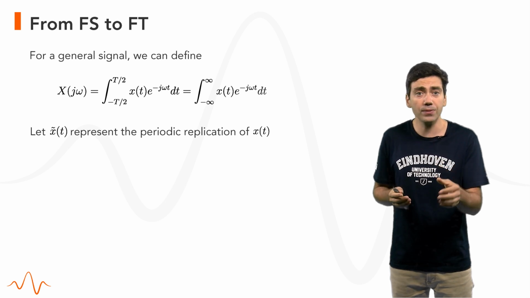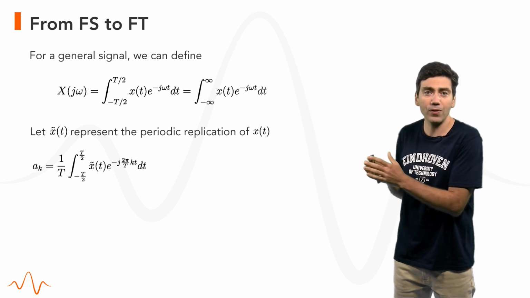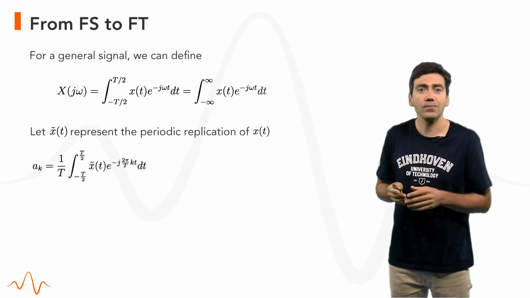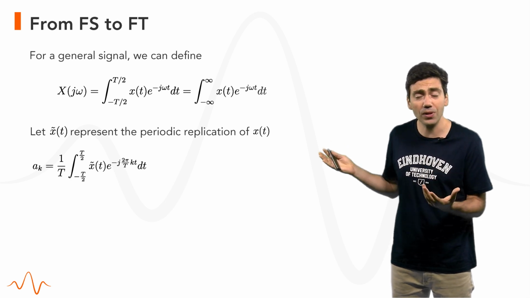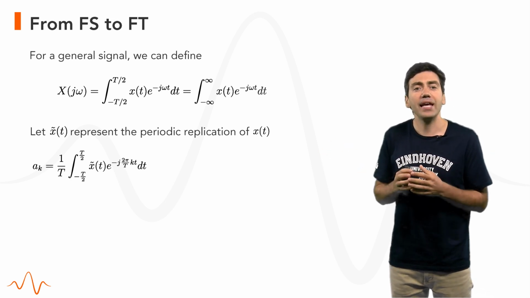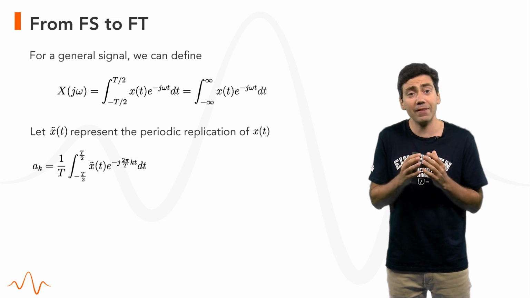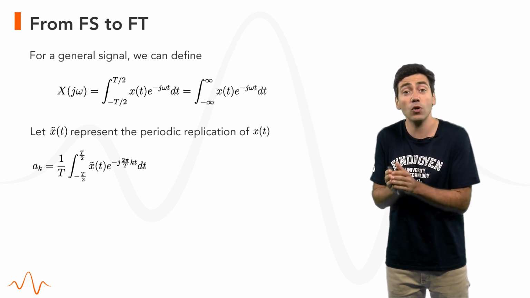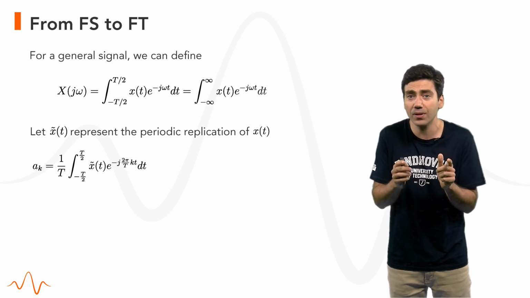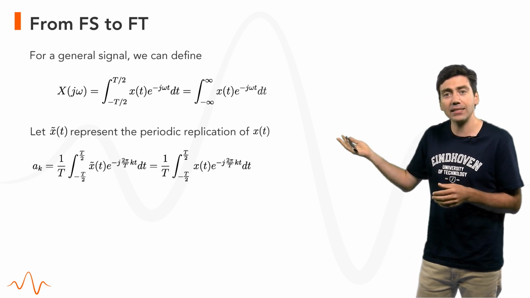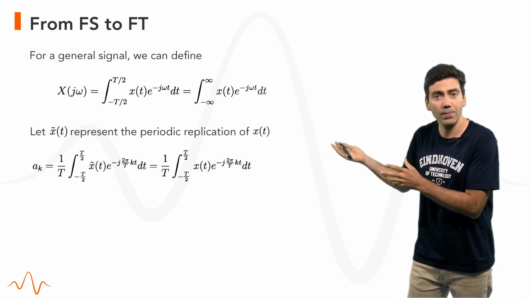How can we conclude this? We evaluate the Fourier coefficients of x tilde. That is, we take this integral here over a period, and since the functions x and x tilde coincide over that period, we can now replace x tilde by x in the integral.